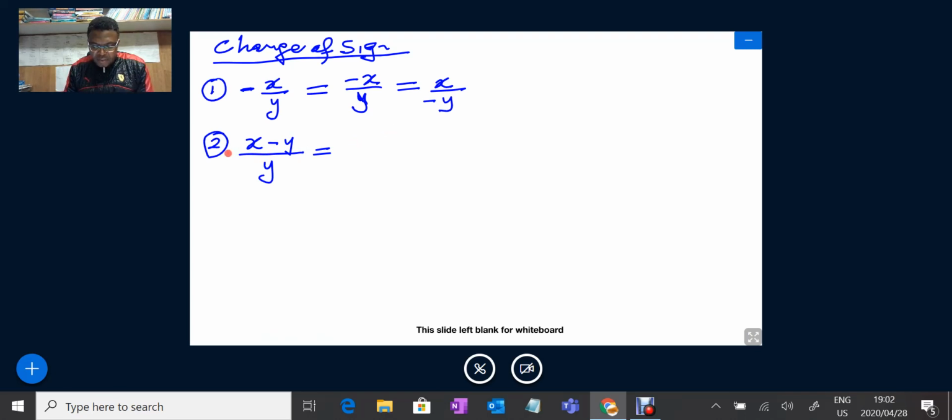We had a negative sign here. What does this tell us? It means this case is a possibility where our denominator was negative, or we had this case where our numerator was negative and the denominator positive.